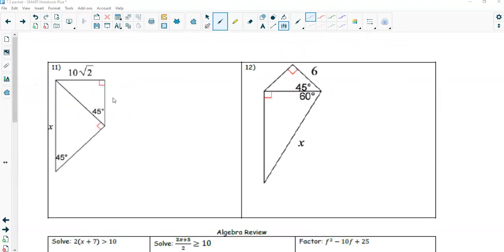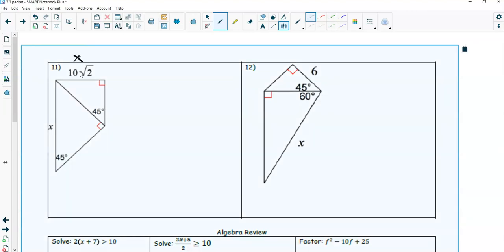On number 11, they give us another 45, 45, 90 put together, where they gave me the leg of the first triangle, which is a 45, 45, 90. So remember, the leg is x, so I already have x. The hypotenuse would be x times the square root of 2. So since I have x, I'm going to say, well, 10 square root of 2 times the square root of 2, which is 10 times the square root of 4, which is 10 times 2.